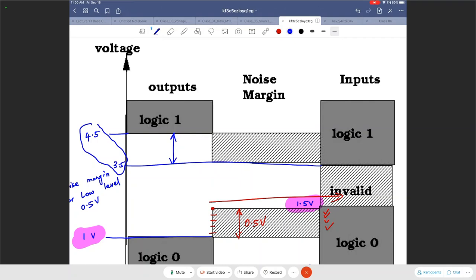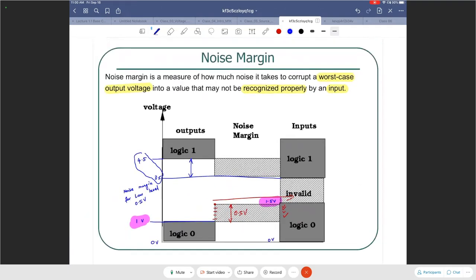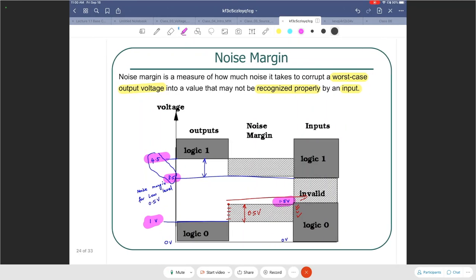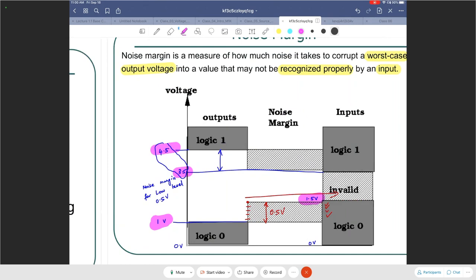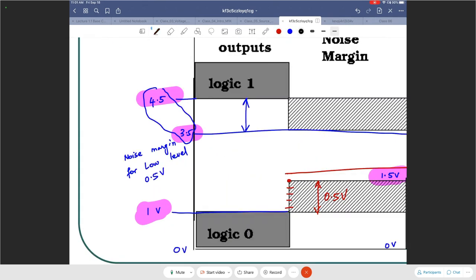Now, what will help me over here is to have some names for these values. The 4 values that I've highlighted in pink, I want to call them with a certain name so that I can understand them and I can apply them to any problem. The minimum voltage at the output being recognized as high is 4.5.